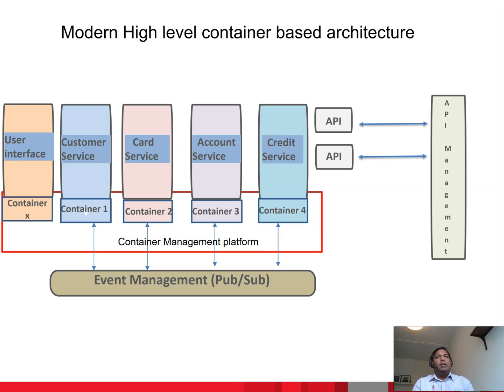Once we have that, the next thing we can do is to use these services as new APIs and deploy each as an independent container. Each container manages the respective APIs, and we also require a platform which manages the orchestration of these containers. These domains can interact with events, and that's why we also need to introduce event management, which can work on the publish-subscribe mechanism.